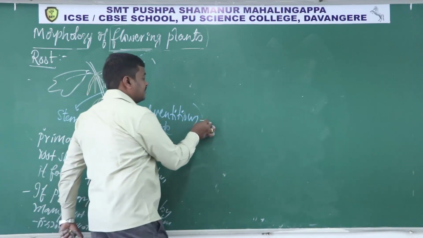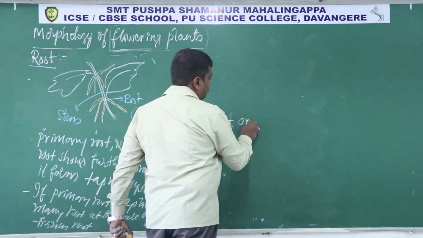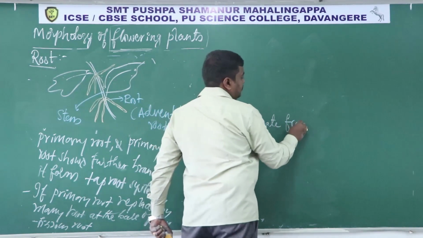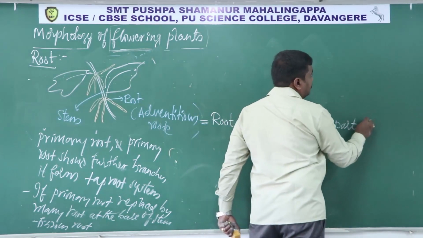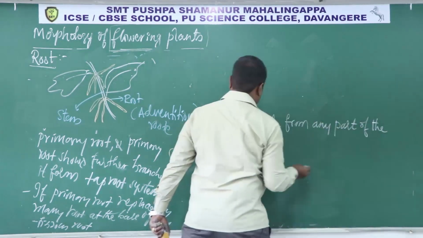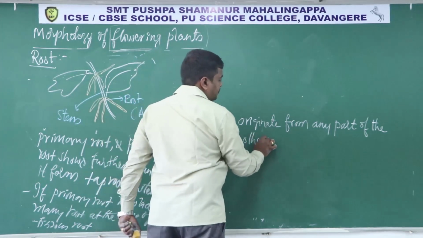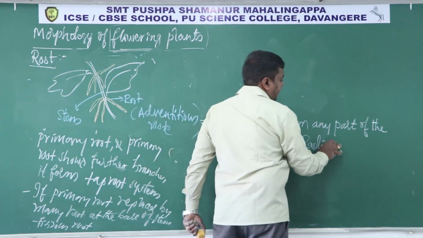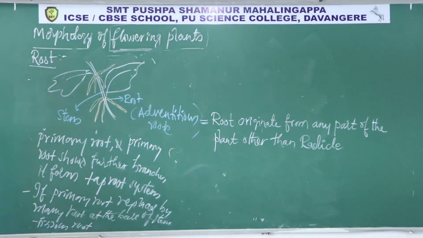How does it deviate? Roots originating from any part of the plant other than the radical.